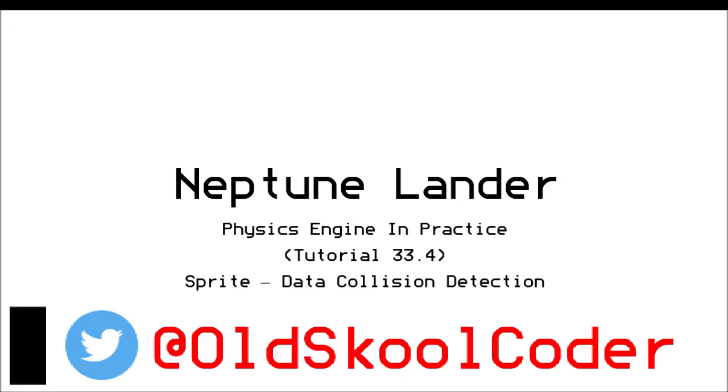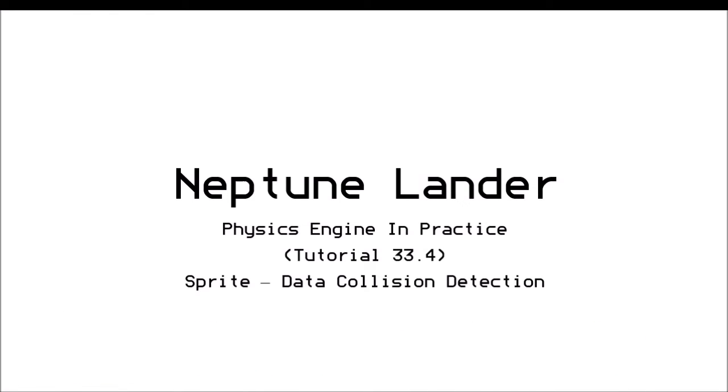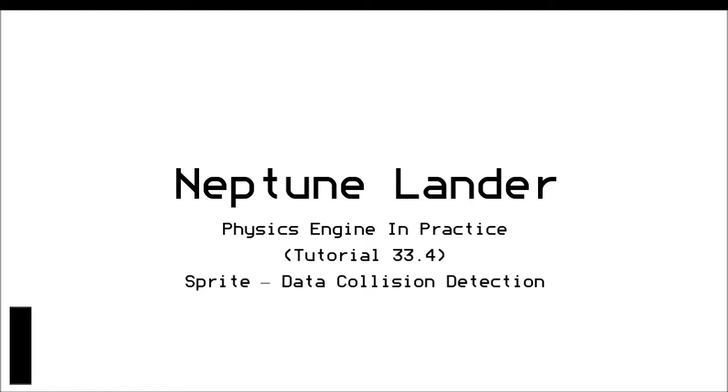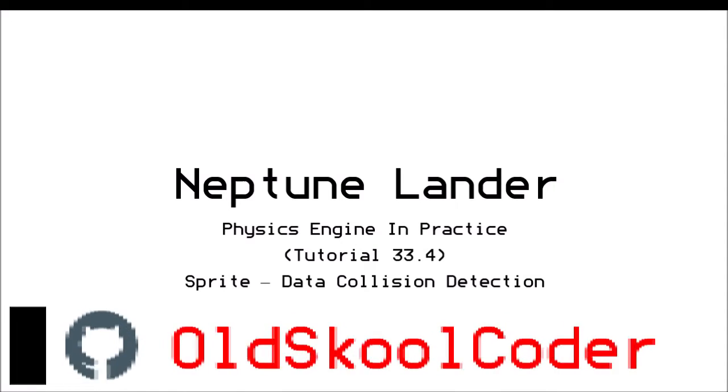In the last video we created our first landscape, and in this video we're going to learn how we can detect whether we've collided with the data on the screen from the sprite. So that's what this video is going to be about.